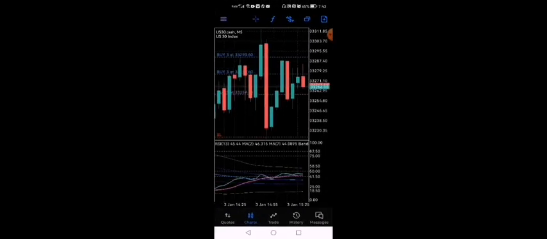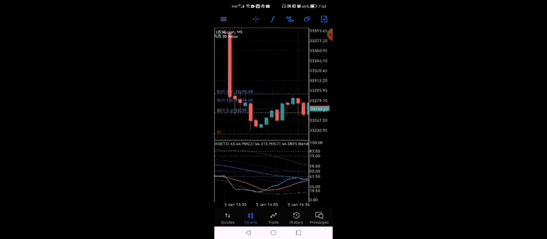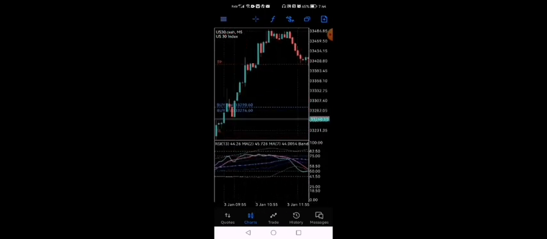Here we improvise a little bit: we're not going to use the 32 level, we're going to use 25 and 18, and instead of the 68 level, we are considering 75 and 82.5. So let's see how it responds.